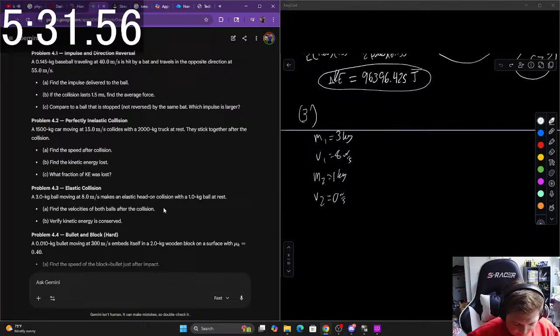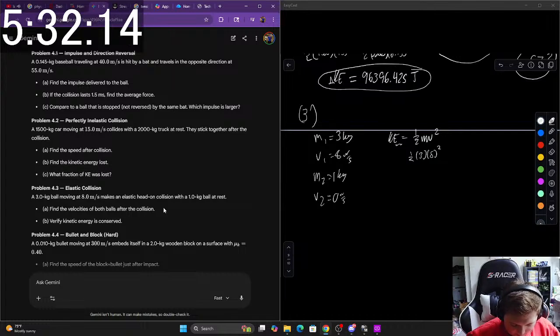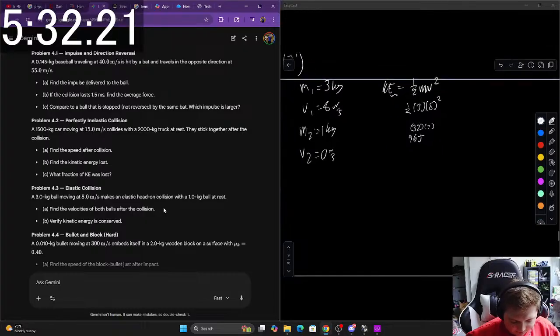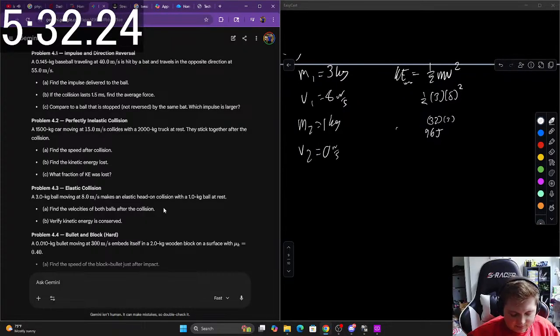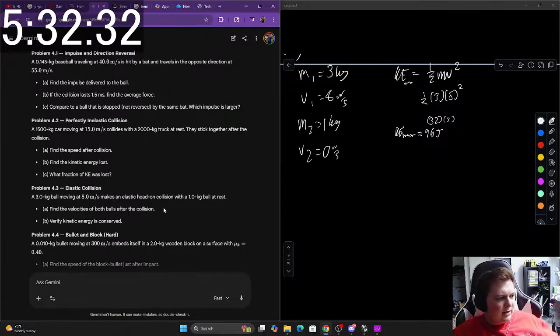So the max KE is going to be the kinetic energy of the first guy. 96 joules. It's a max kinetic energy. So, how do I find this?